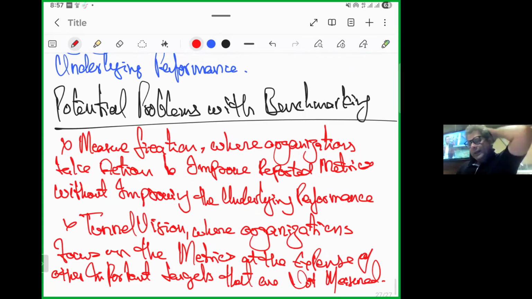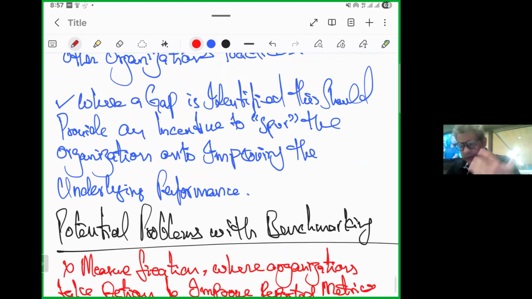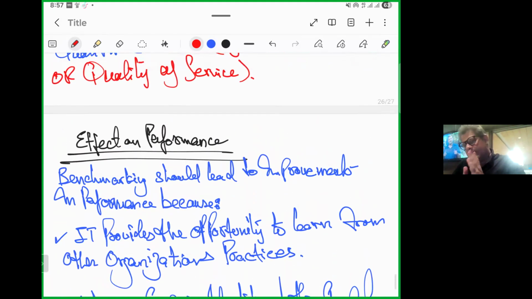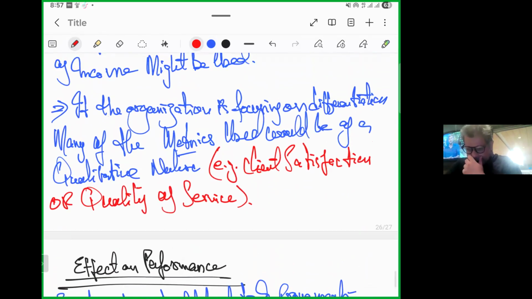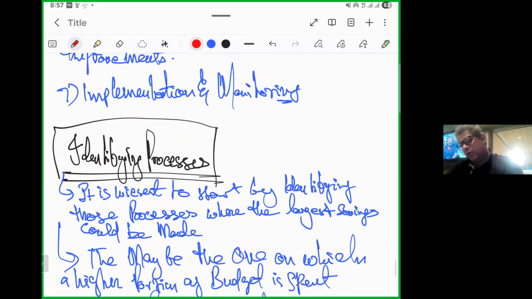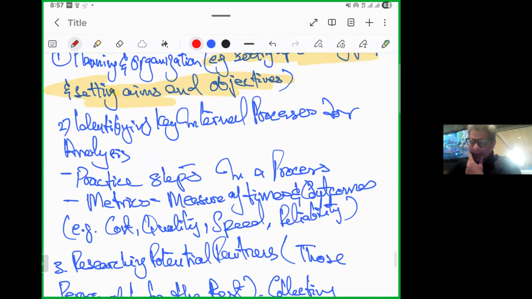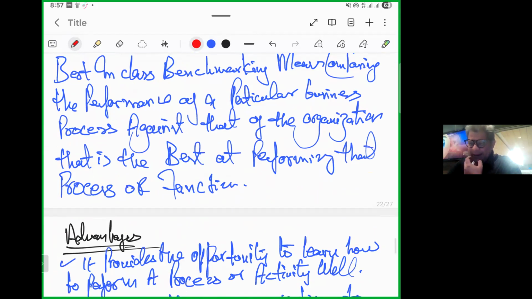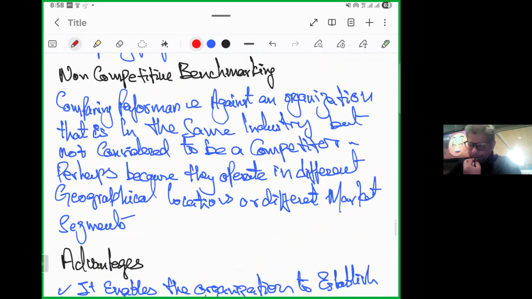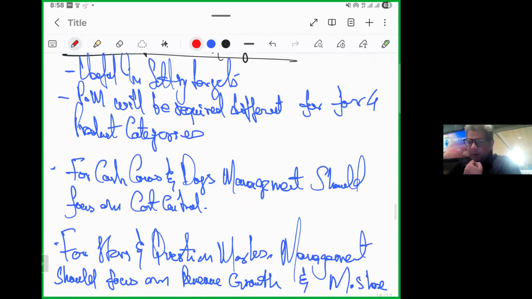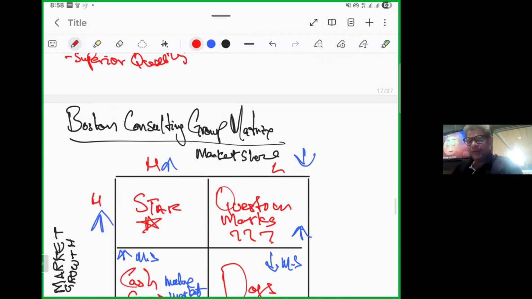And we are done with strategic management accounting. Make sure you understand these concepts, especially, as I said at the start, benchmarking, which is one of the favorite areas of the examiner. Besides benchmarking, the examiner often tests the Boston Consulting Group matrix.